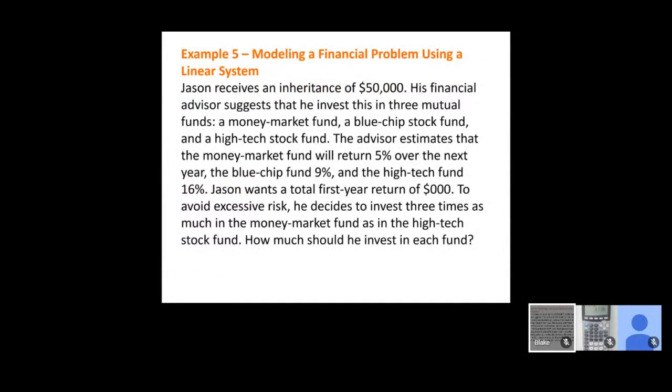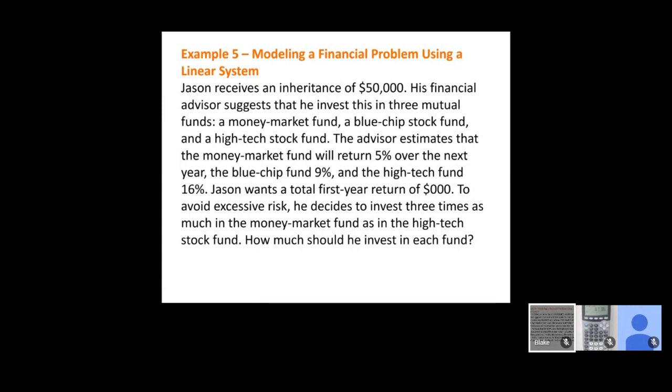All right, so here we go. So example 5, again, this is 10.2 now. So Jason receives an inheritance of $50,000. His financial advisor suggests that he invest this in 3 mutual funds: money market fund, blue chip stock fund, high tech stock fund. The advisor estimates the money market fund to return 5% over the next year, blue chip fund 9%, high tech fund 16%.